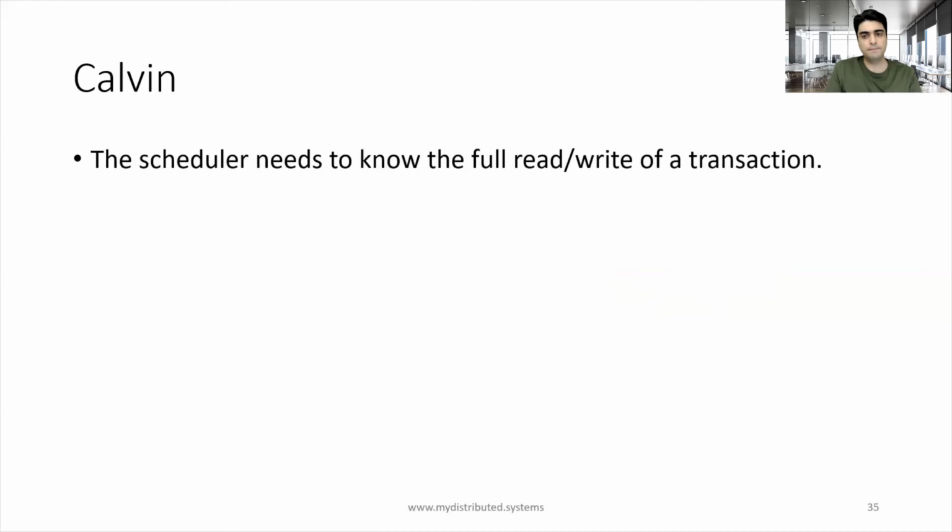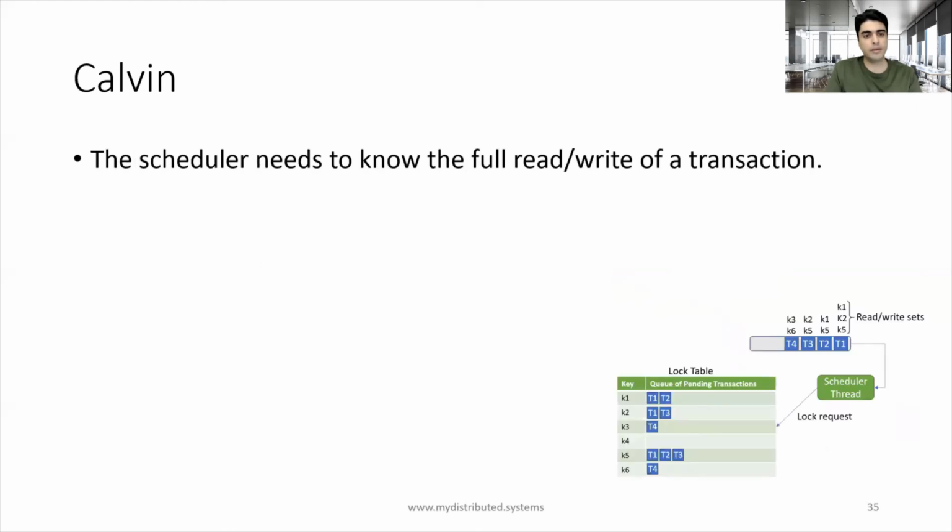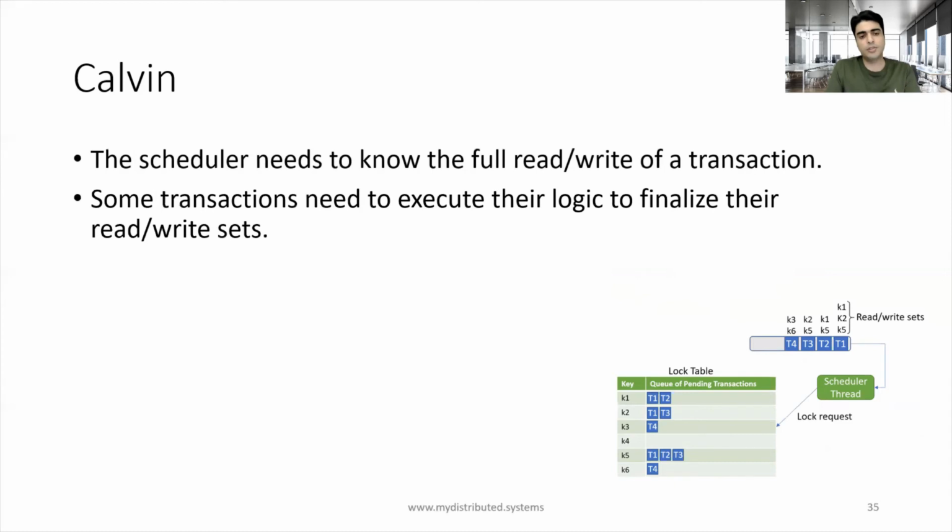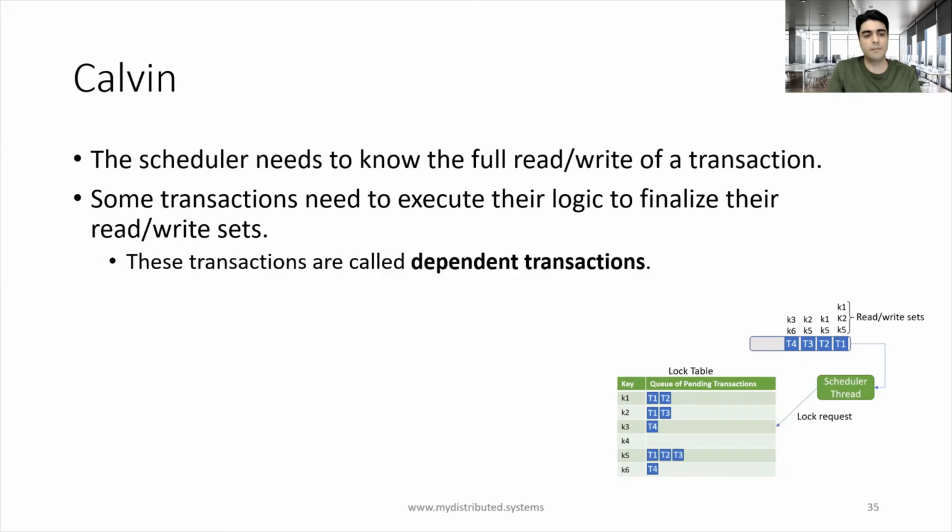Okay, let's go back to a problem that we briefly mentioned when we were talking about deterministic locking. We said deterministic locking requires knowing the full read and write set for each transaction. However, some transactions need to execute their logic first to finalize their read and write set. These transactions are called dependent transactions.